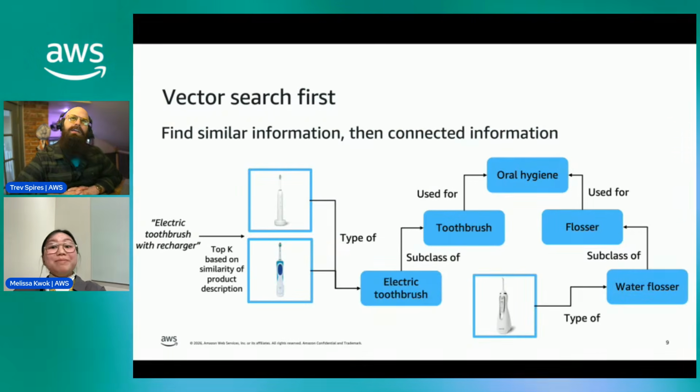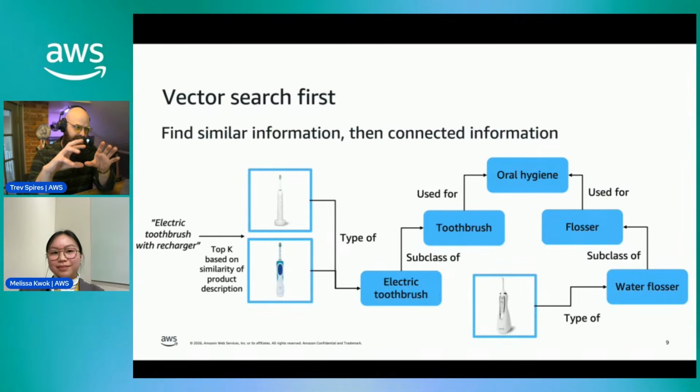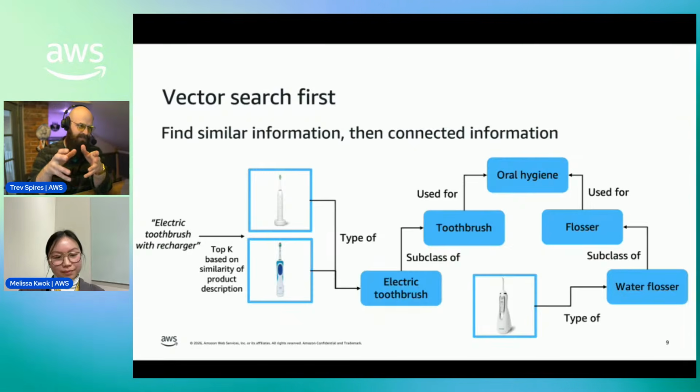So if I'm thinking about it the right way, and you can correct me if I'm wrong, by doing the search for the electric toothbrush with charger, obviously you're going to get a top rated toothbrush back if you've got a reasonable vector search.